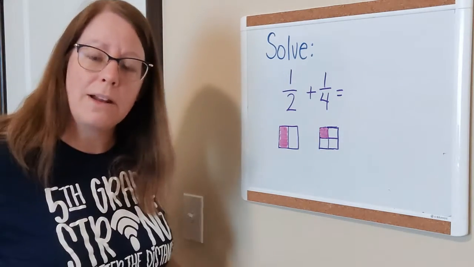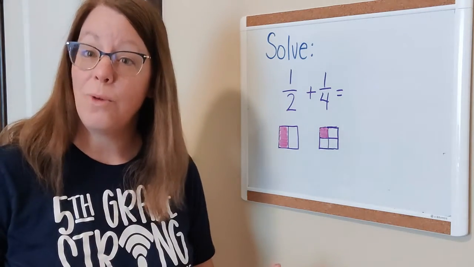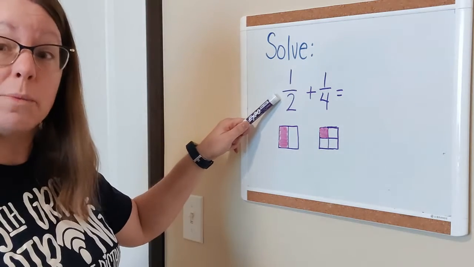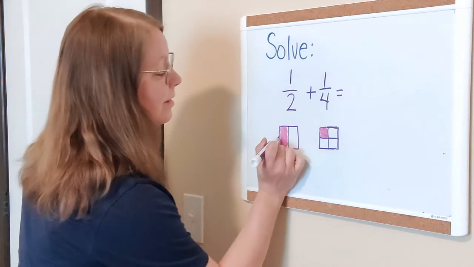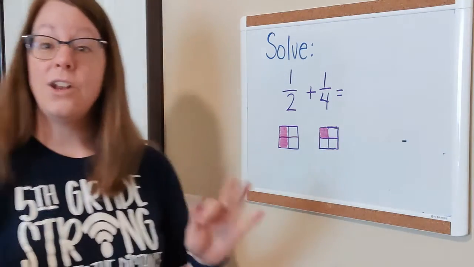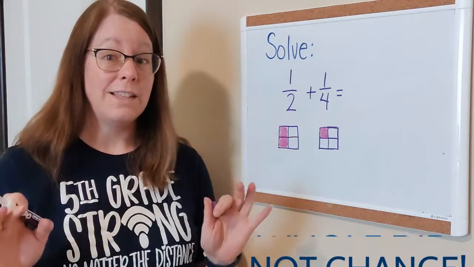All we have to do is say to ourselves, we've got 2 pieces here and 4 pieces here. Which one of those area models could I change so that it would match the other one? Well, clearly, we can change this into 4 equal pieces by doing this. Dun, dun, dun. I did not change the number of pieces that I have.